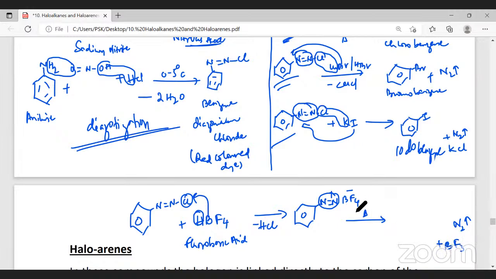See, BF4 we have, so BF3 gets eliminated as a byproduct. What else do you have? You have a benzene ring and F, fluorobenzene. This reaction is not called Sandmeyer's reaction. This reaction is called Balz-Schiemann reaction.